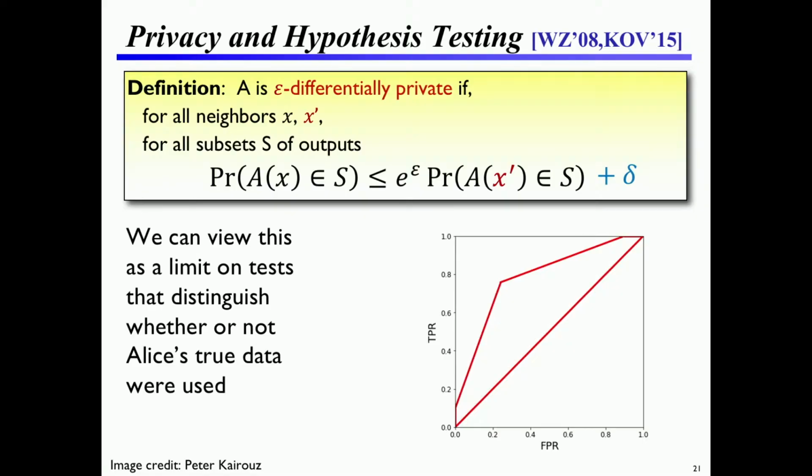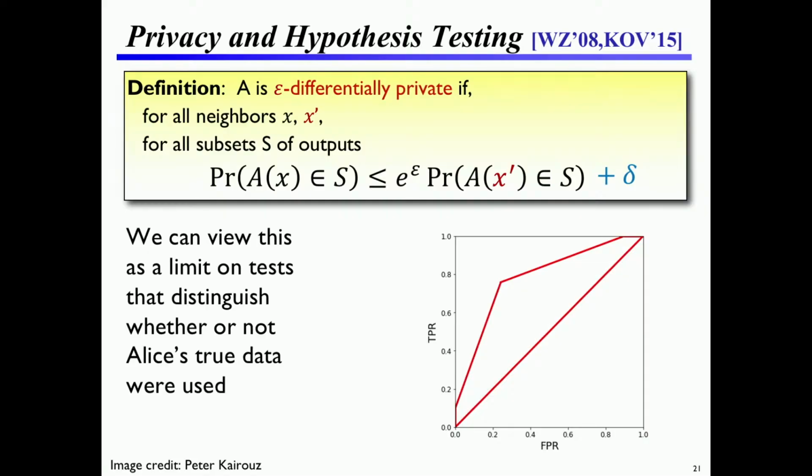And so what this is saying is that whatever test I happen to apply, it's going to have approximately the same probability of giving me a yes on the left-hand side as it does on the right-hand side.